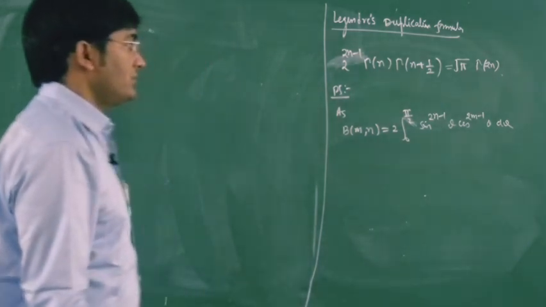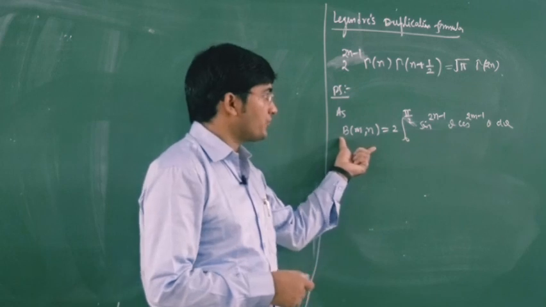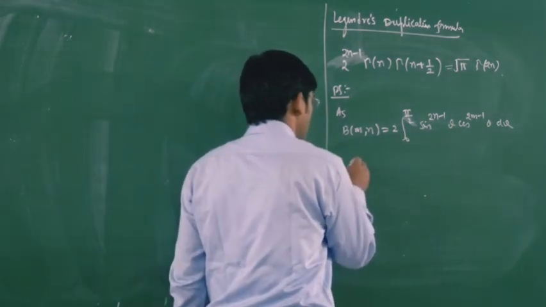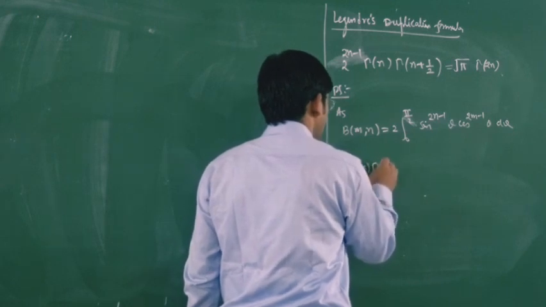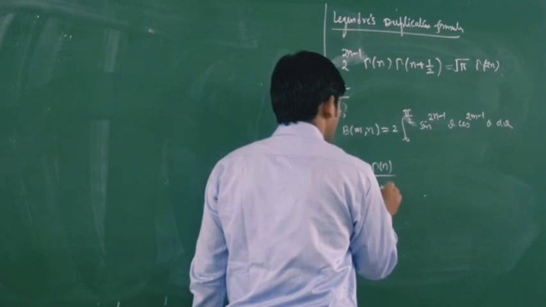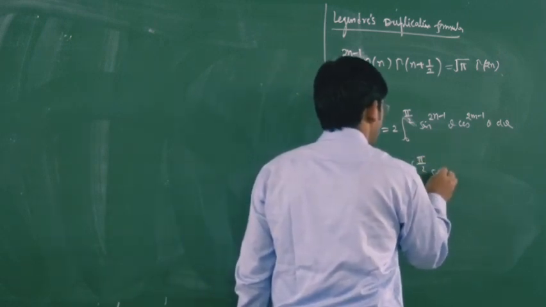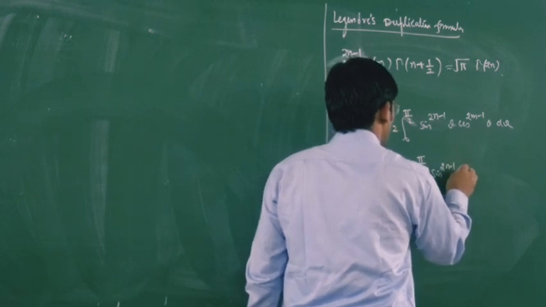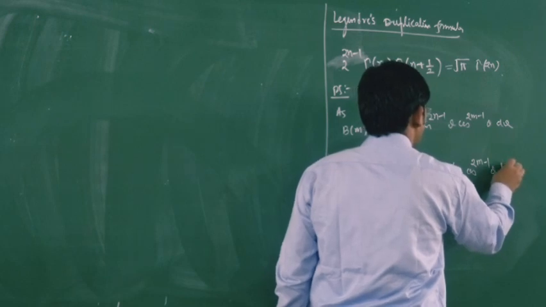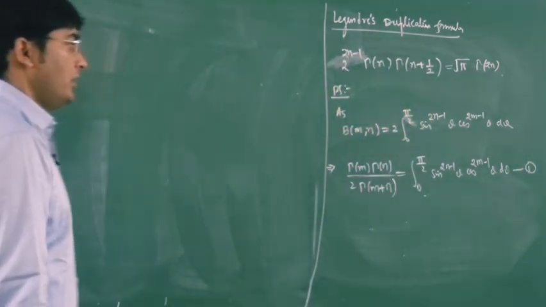We know that this integral is equal to beta mn divided by 2, and your beta mn is equal to gamma m into gamma n upon gamma m plus n. So this is equal to basically integral 0 to pi by 2 sine 2n minus 1 theta and cos 2m minus 1 theta d theta. So this is integral number 1, equation number 1.